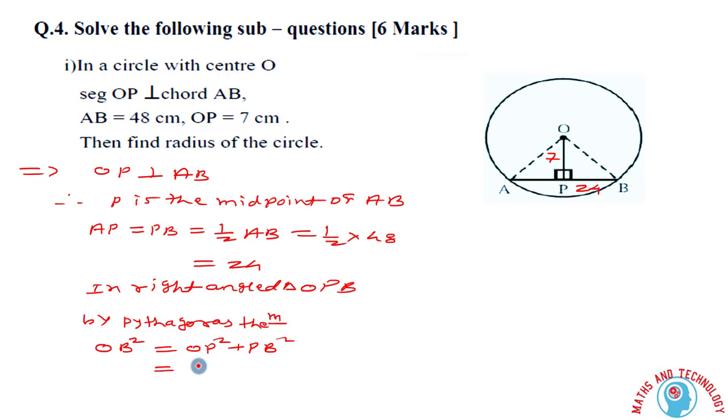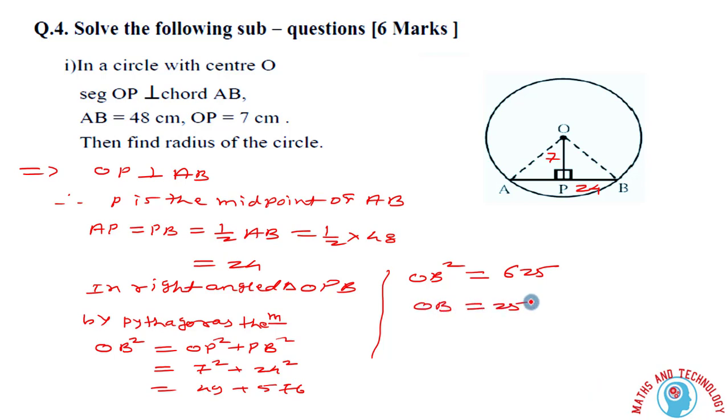Putting the values, OP equals 7, that is 7 square, plus PB means 24 square. 7 square is 49 plus 24 square is 576. So OB square equals, taking the addition, 49 plus 576 equals 625. Taking square roots, OB equals 25. Square root of 625 is 25.